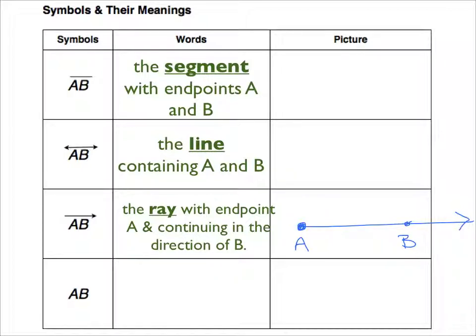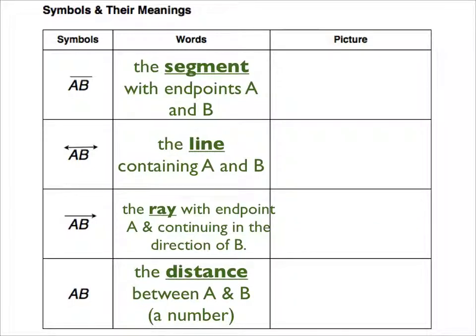If it has nothing above it, it means the distance between A and B. So if it says, for example, find AB with nothing above it, that means find the distance between A and B. So I guess the picture of that would be A, B. Well, in order to have a value for this, I would have to have a value for them.